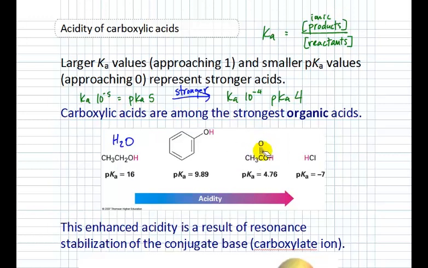Here's acetic acid, pKa 4.76. Still not quite as strong, though, as HCl or other mineral acids, right? By mineral acids, we mean sulfuric acid, HCl, HBr, nitric acid, things like that. So for organic compounds, this is about as acidic as it gets.